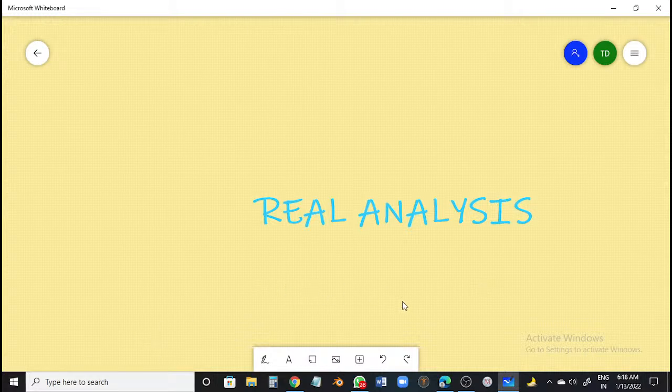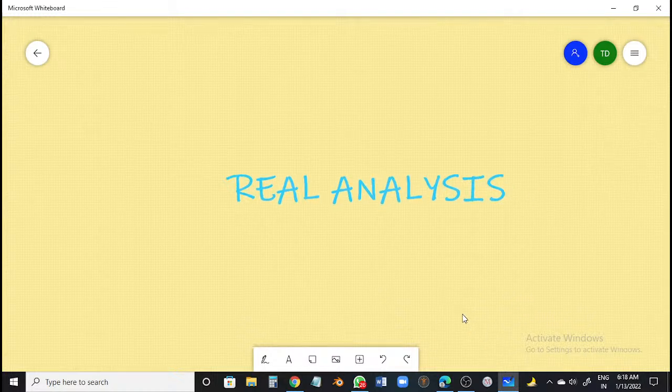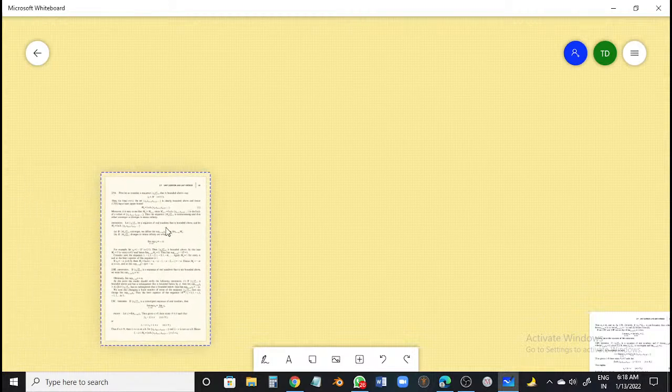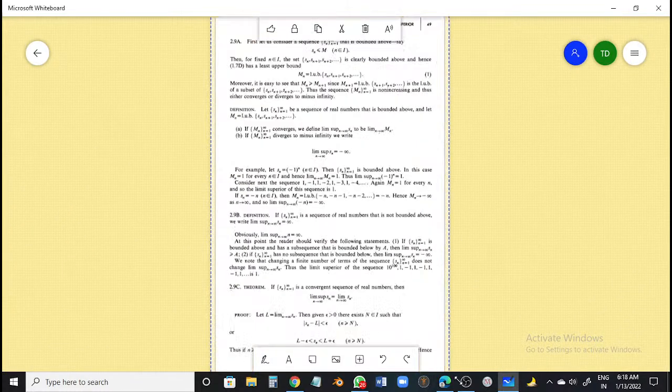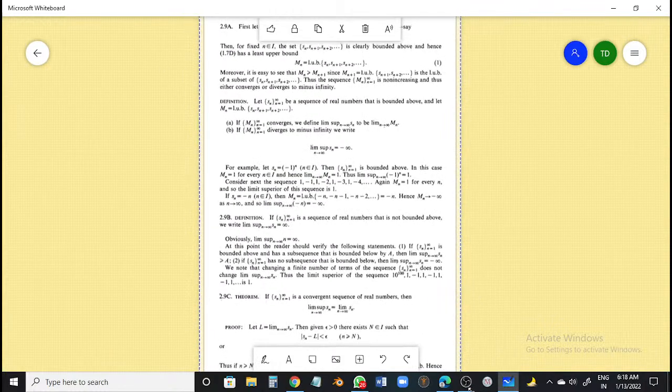Now let us go a little bit ahead with some new concepts. That means limit inferior and limit superior of a sequence.